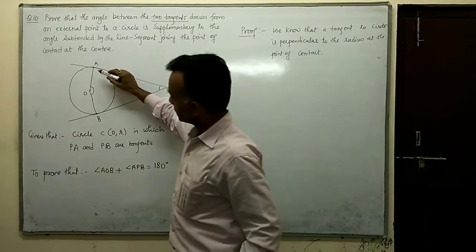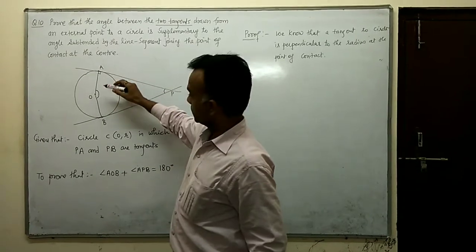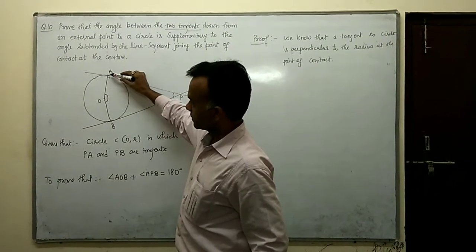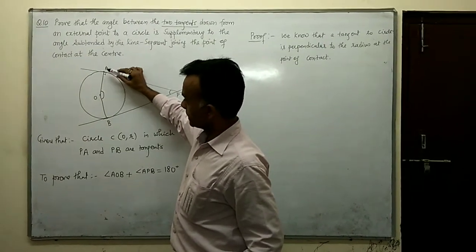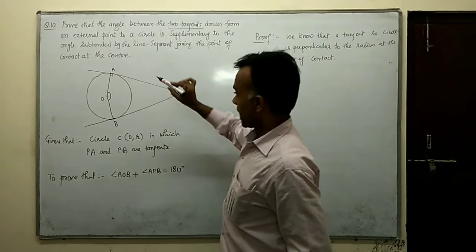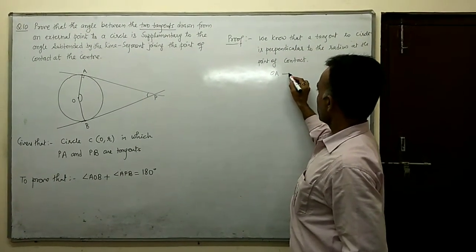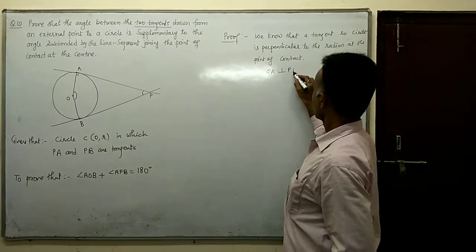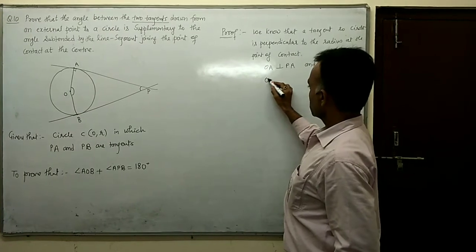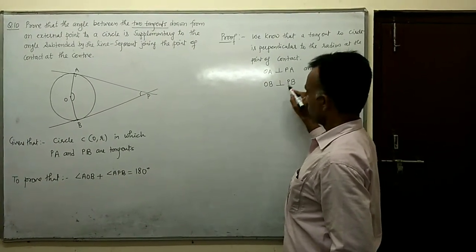It means, as in the first theorem we proved, this is the point of contact, and the line drawn from the center to it is called the radius, which is always perpendicular to the tangent at the point of contact. Okay, it means OA is perpendicular to PA and OB is perpendicular to PB.